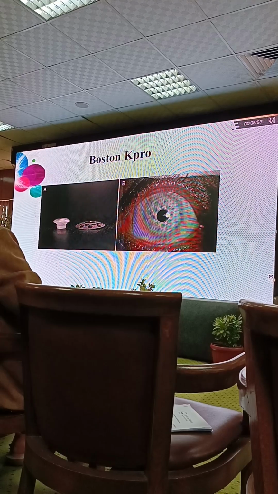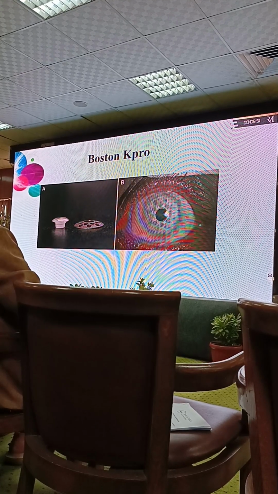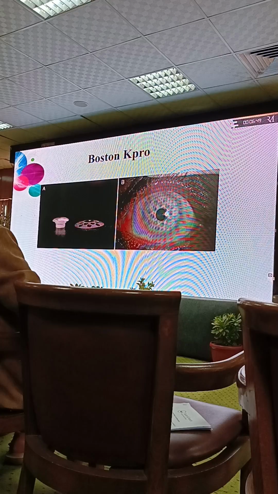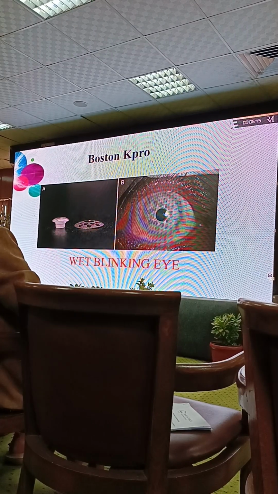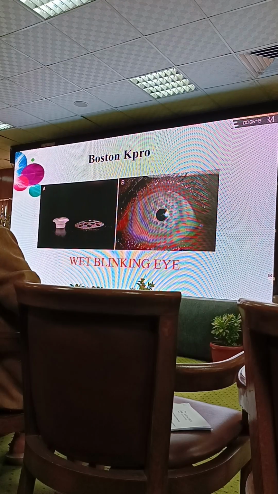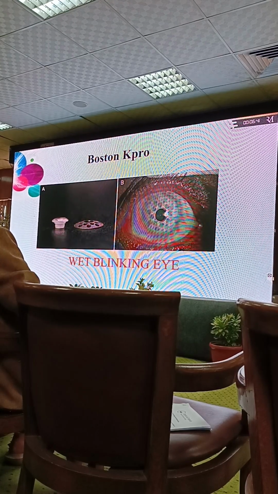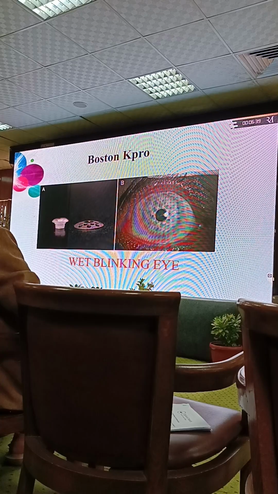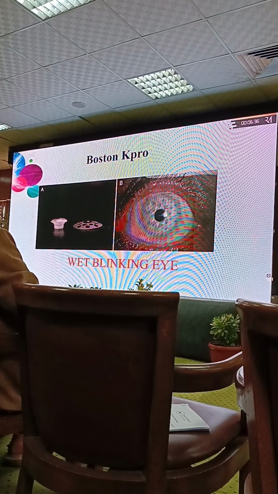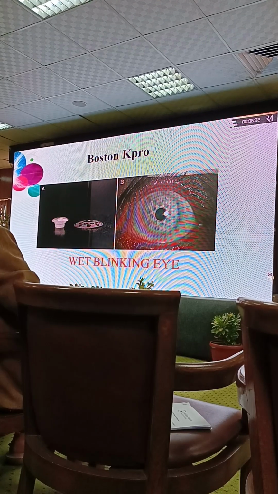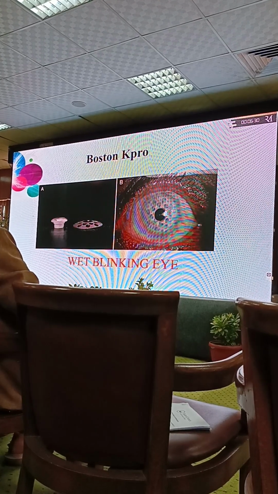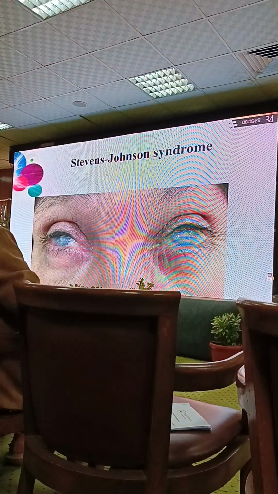So here the corneal graft is the skirt or the carrier of the artificial cornea. Since you are using a corneal graft, the factor essential for a cadaveric corneal transplant should be present, which is the wet blinking eye. If you don't have a wet blinking eye, then this is not the ideal eye for Boston keratoprosthesis.